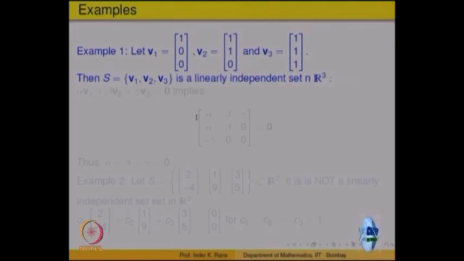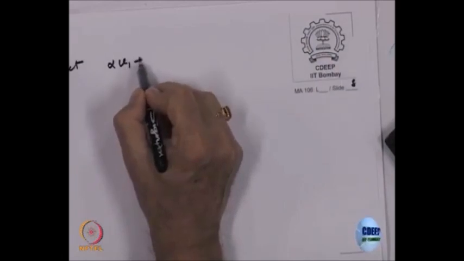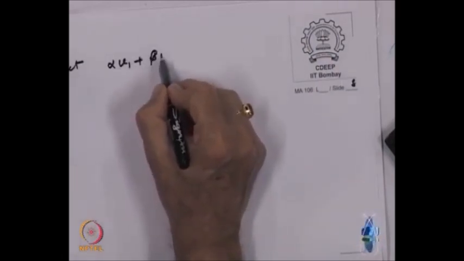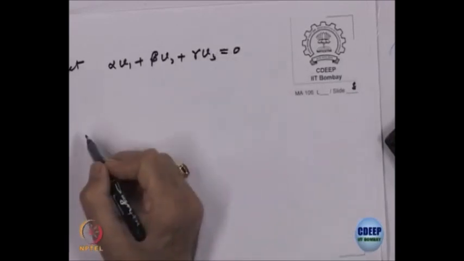Uniqueness of representation for 0. So take a linear combination equal to 0. Does it imply that all the coefficients involved are 0 or not? Let us check that. Let alpha v1 plus beta v2 plus gamma v3 be equal to 0.